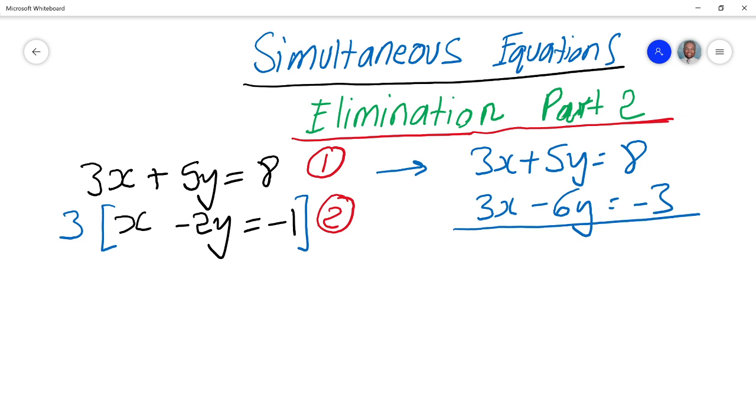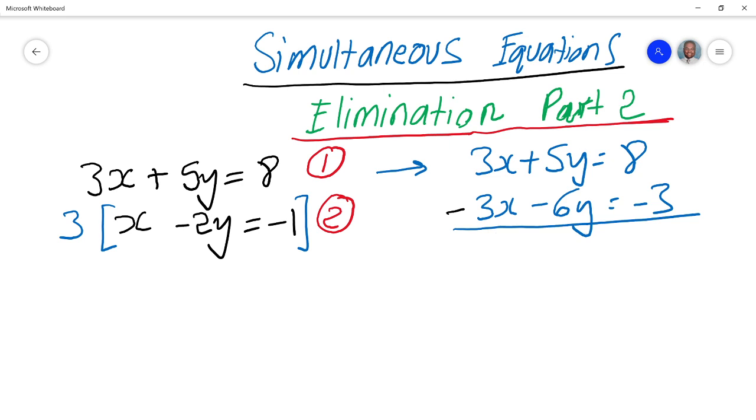Now I've got 3x and 3x, and if I want to eliminate, all I need to do is put minus as my operation. That means I'm going to get 3x minus 3x, 5y minus 6y, and 8 minus 3. In other words, the x's I'm subtracting, the y's I'm subtracting, and the numbers I'm subtracting.